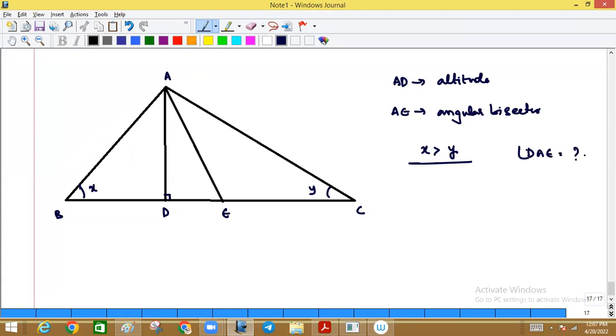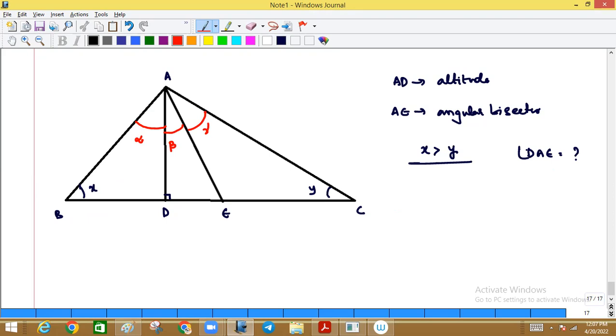Now you tell me what is angle A? Complete angle A is 180 minus X plus Y, right? I'm naming the angles alpha, beta, gamma for your understanding, so I don't have to write everything.